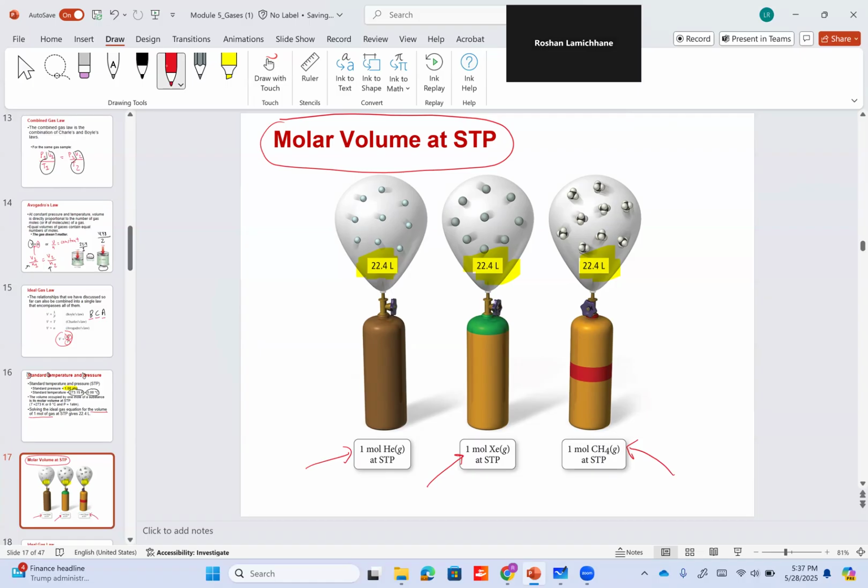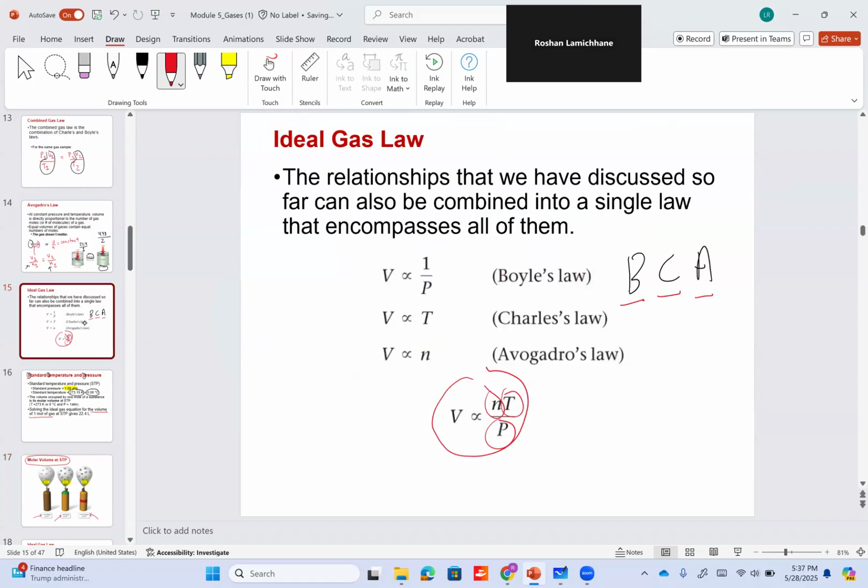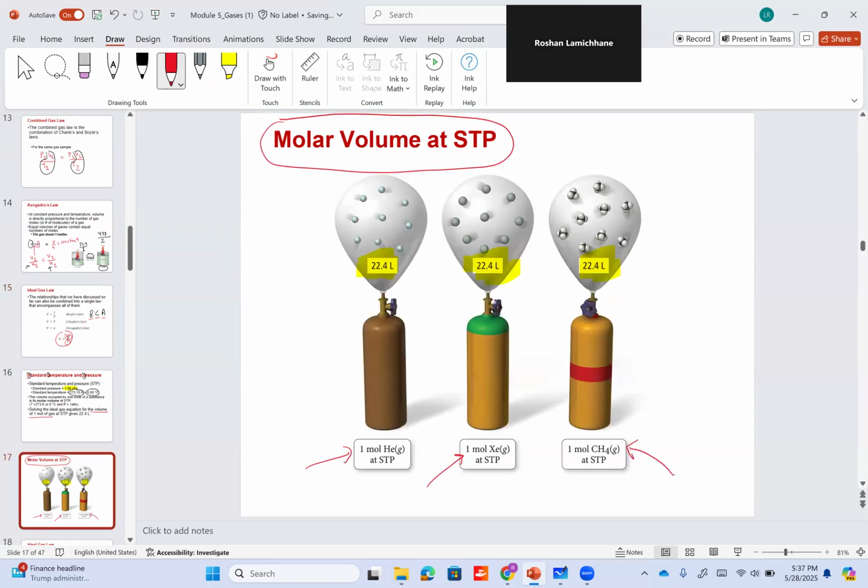In the next slide, I'm going to show you this formula, V proportional to nT divided by P, which can be rewritten as PV equals nRT. Then if we plug in the values at STP, we have the pressure of 1 atm. Volume is our unknown.